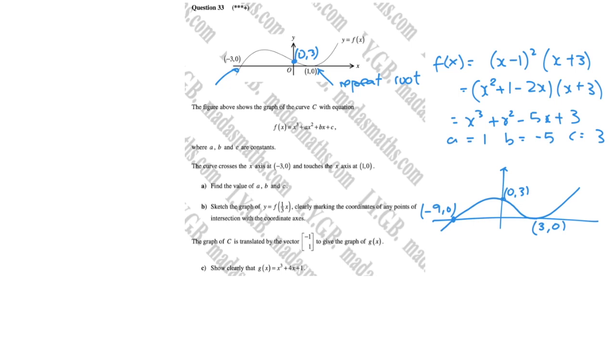So now let's talk about part C. It said the graph C is translated by a vector (-1, 1) to give a graph of g(x). Show that g(x) is that. Well, easy. Just manipulate the equation, right? You have the f(x) equation. I'm just going to call it g(x), it's easier that way because I know what I'm doing in terms of the brackets.